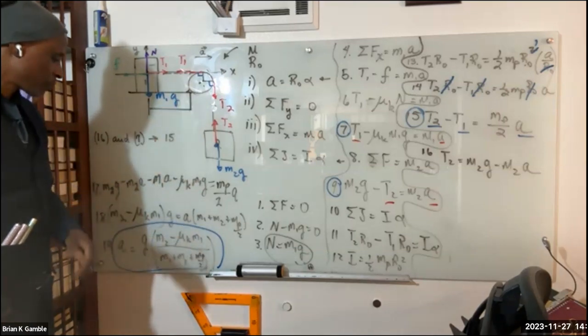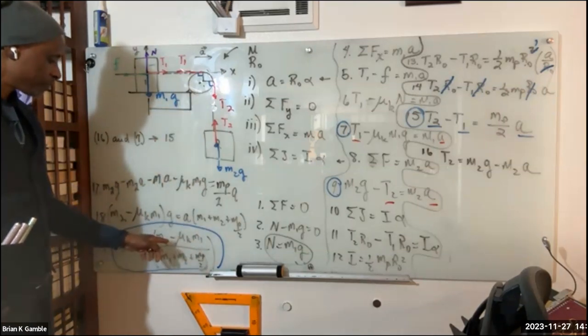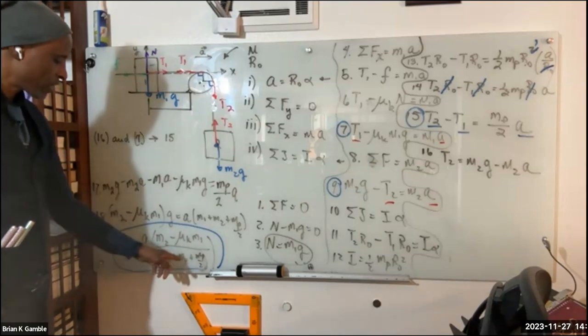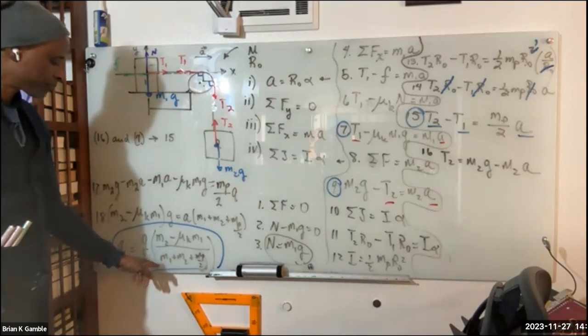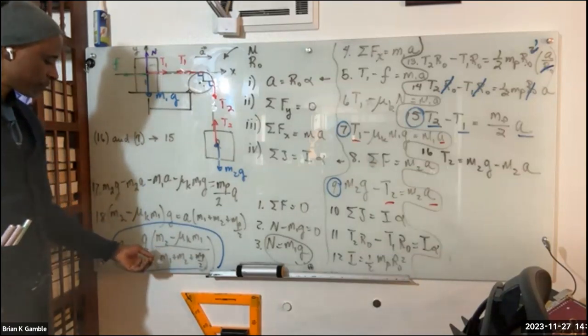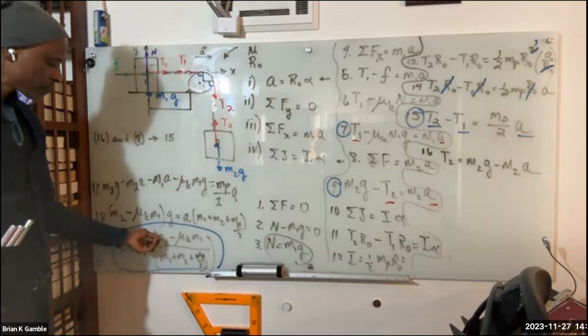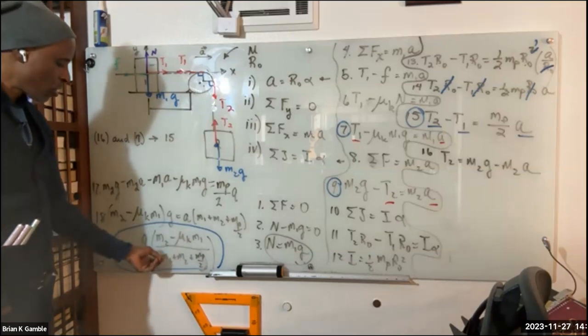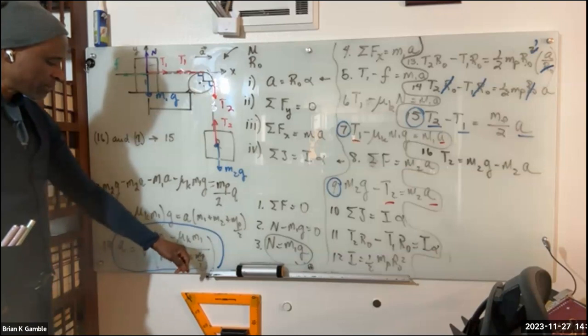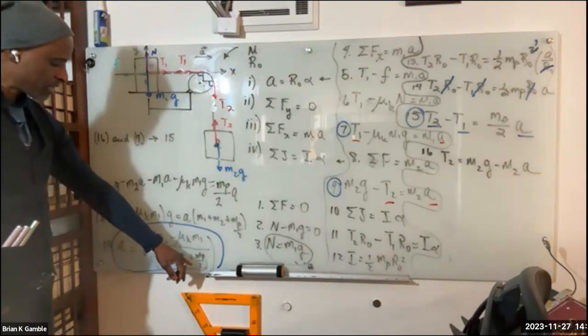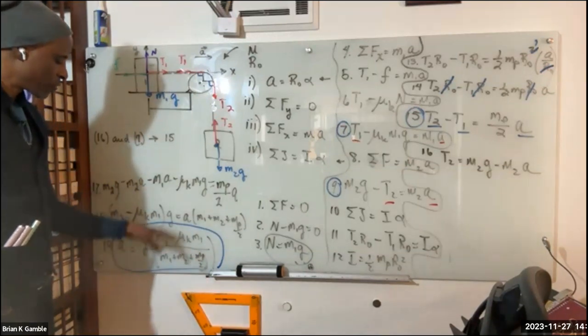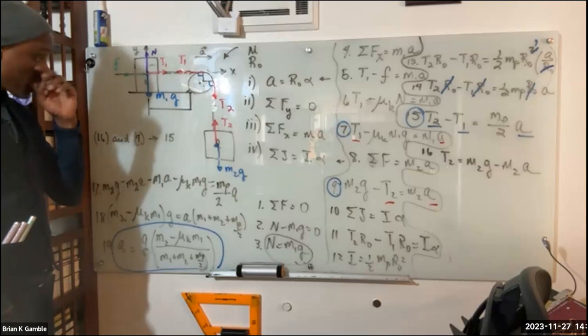And by the way, you can see that the acceleration has decreased because the denominator has increased. The previous solution was just g times m2 minus mu k m1 over m1 plus m2. But when we add on an mp divided by 2 to the denominator, it decreases the overall acceleration, which you would expect.